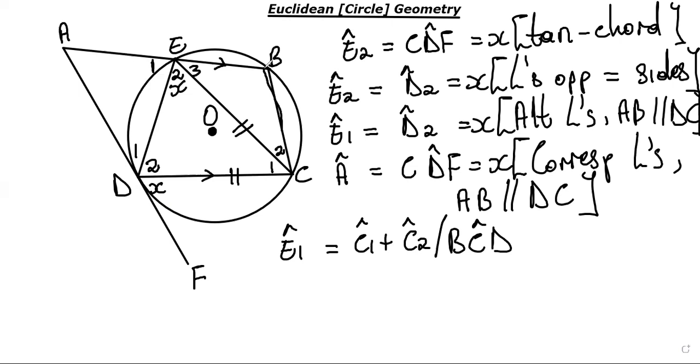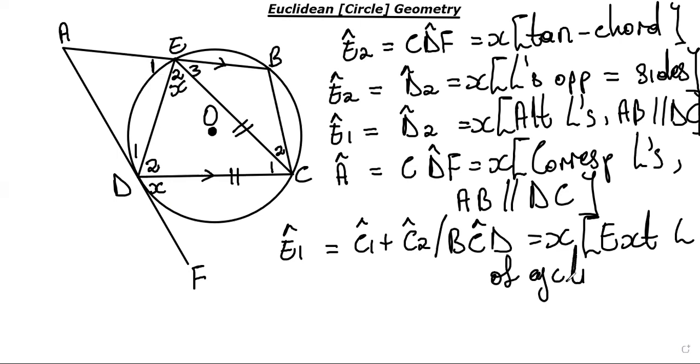So we know that it's this whole angle. Do you see that? Of course, you have to say it's equal to X because angle E1 is an exterior angle of a cyclic quad. So these are the 5 other angles with reasons that are each equal to X. Are we fine? So it's over and out with this one.